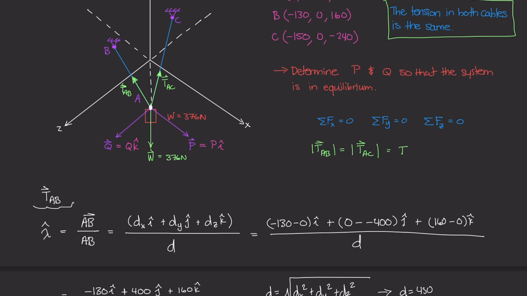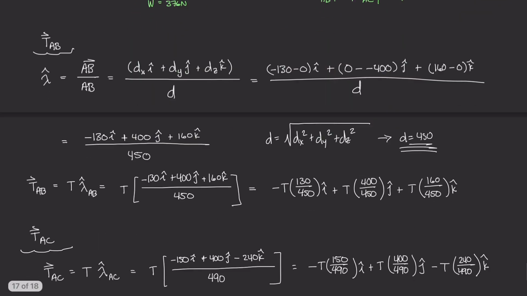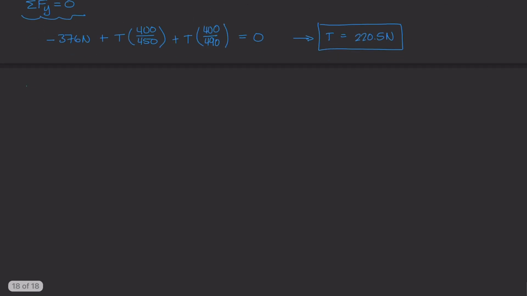Now, again, you'll notice that P only has a component in the x direction. And so when we're summing our forces in the x direction, our only unknown is just going to be P. So let's go ahead and sum those forces in the x direction and see what we get. So I can say sum of forces in the x direction is equal to 0.